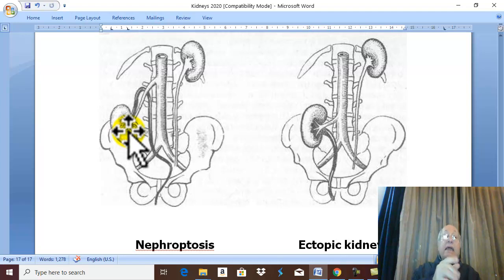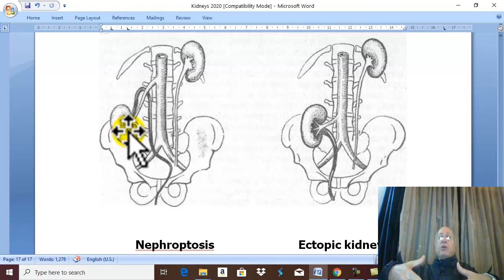Another very important point in maintaining the kidney position is the intra-abdominal pressure. A patient with much increased intra-abdominal pressure, and the intra-abdominal pressure suddenly falls. In whom? After labor.